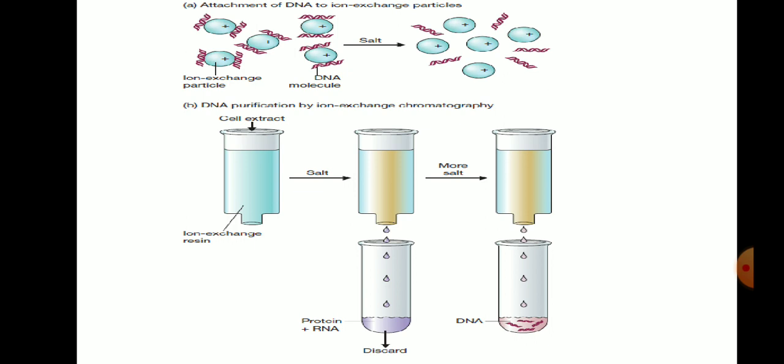As the electric attachment is disrupted by salt, removal is more tightly bound molecule requires high concentration of salts. Higher concentrations of salt is required to remove DNA, hence DNA is eluted last with more salt content.